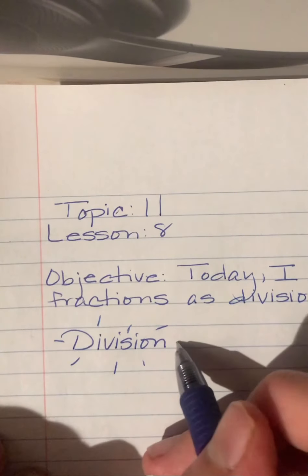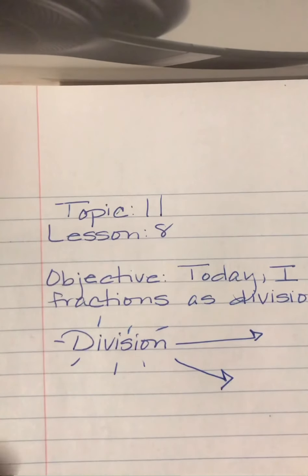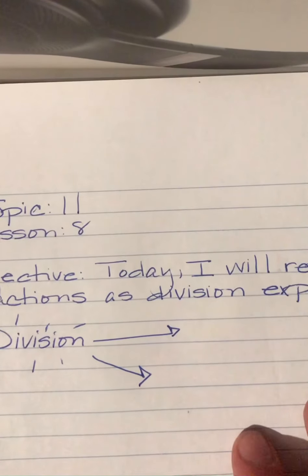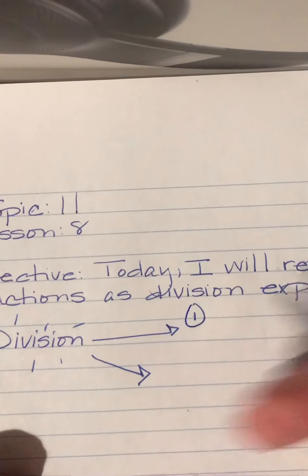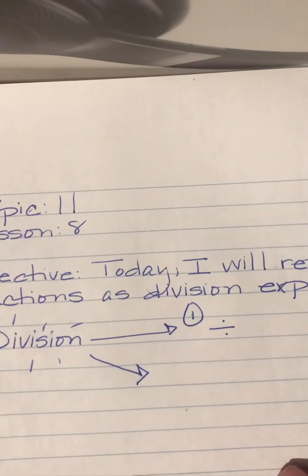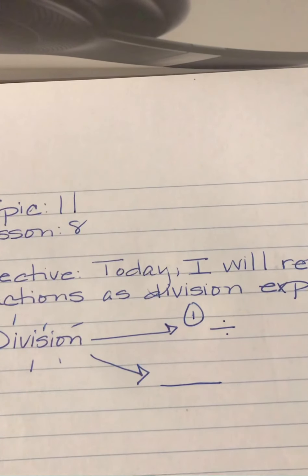Now, when I say represented, I mean we use symbols to represent the operation of division. So first we have the symbol that we all love and know. And I had also introduced the fact that the fraction bar represents this operation as well.